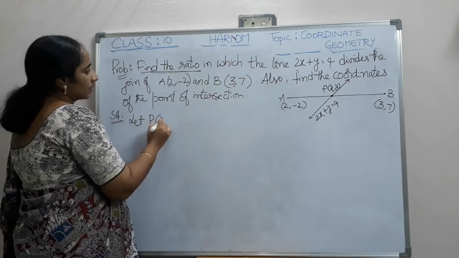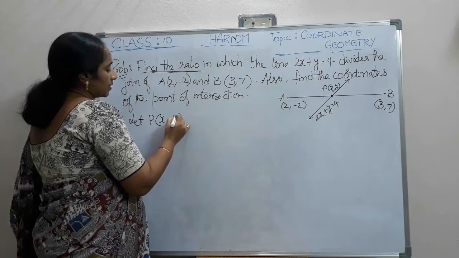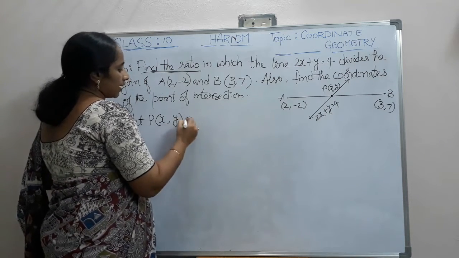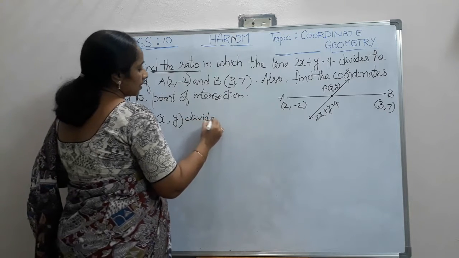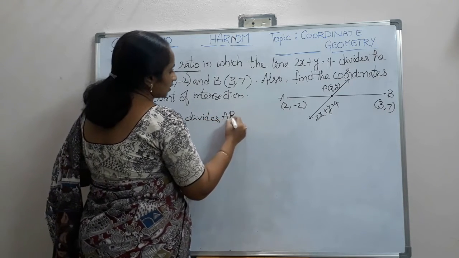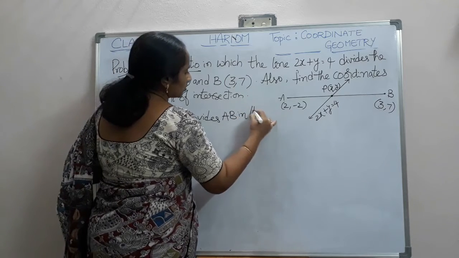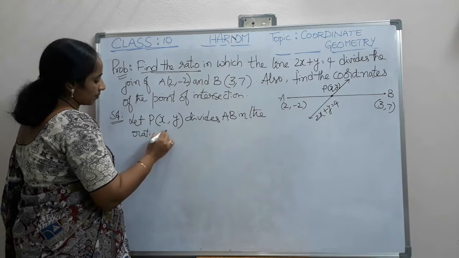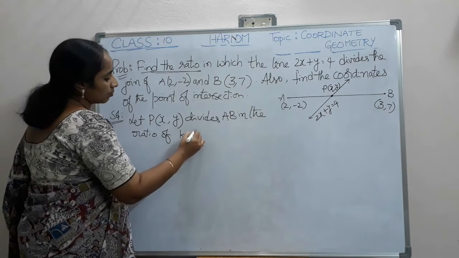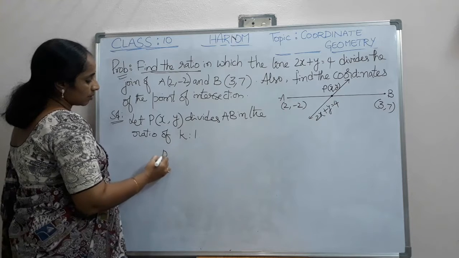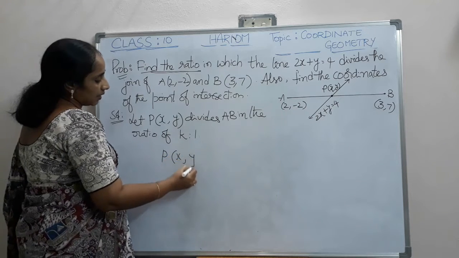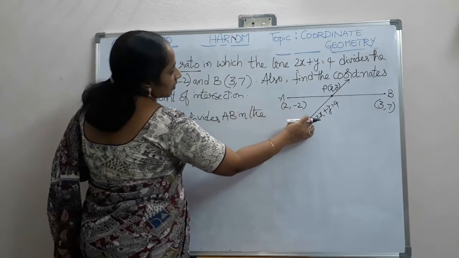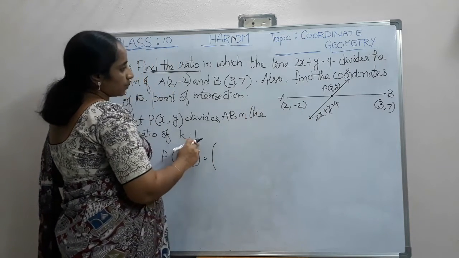Let P of x comma y be a point of division that divides AB in the ratio k is to 1.